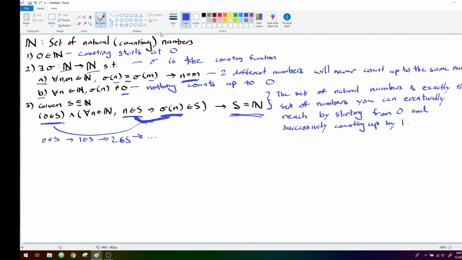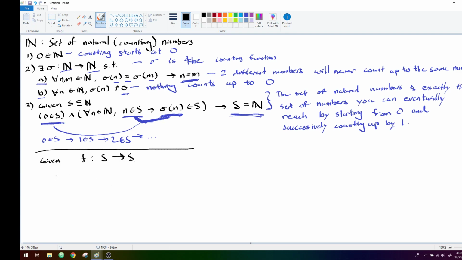So now that we've defined the counting numbers, let's use them to do exactly that, which is count. And what are we going to count? We're going to count the number of times that we have used a function. So what I mean by that is, say we're given some function f which takes inputs from some given set S and gives outputs in the same set.